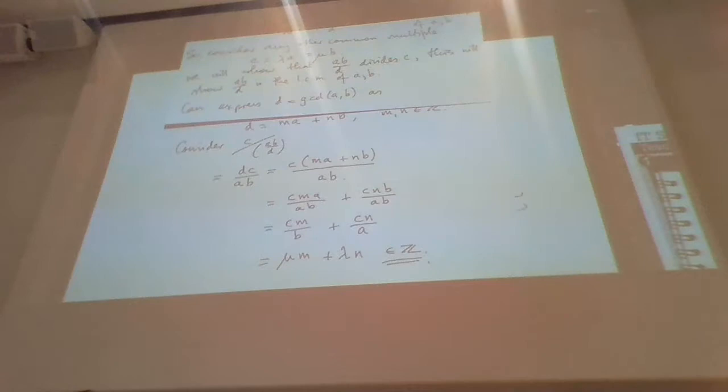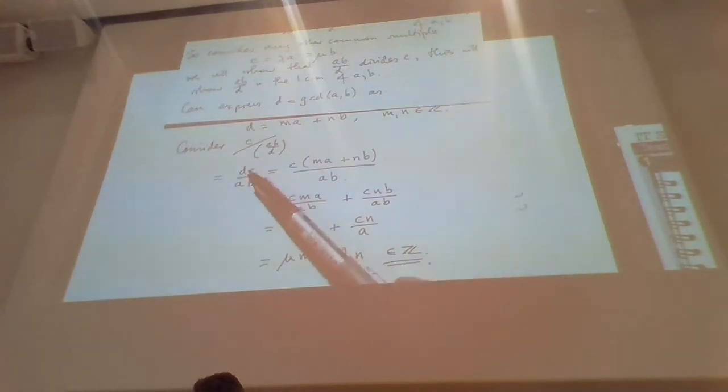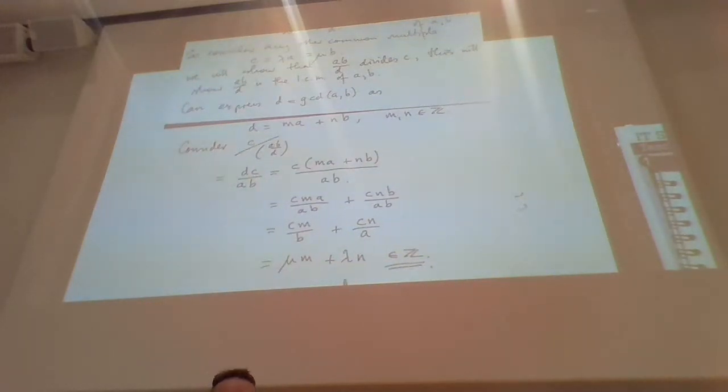I would struggle to have said before exactly why DC over AB, I mean, it looks like a fraction. It's not immediately obvious that it is an integer. So I had to show clearly that this quantity was an integer. And I can say that down here, because it's just a combination of integers.